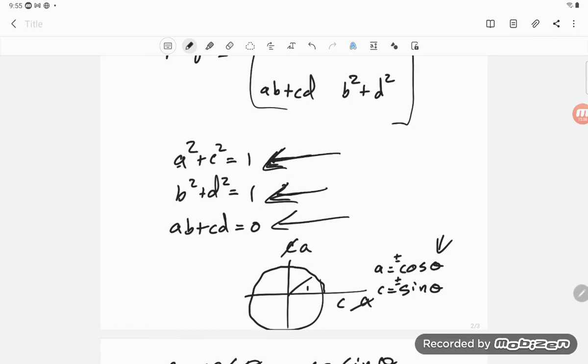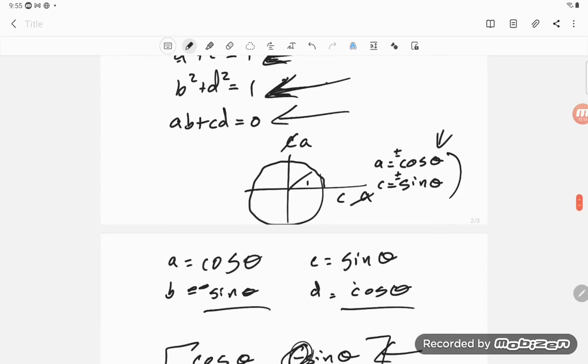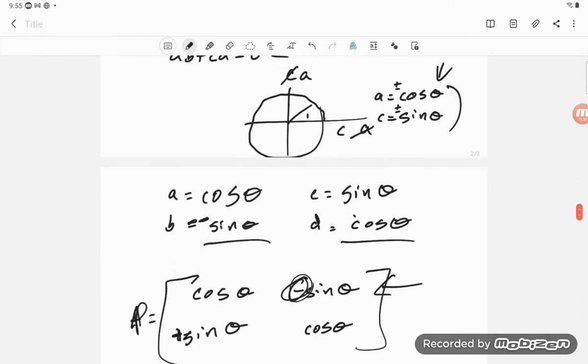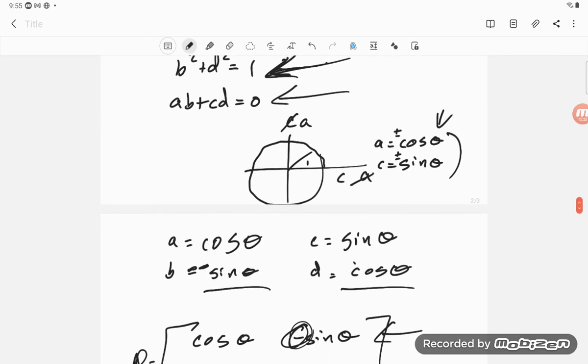So I have those requirements plus that the determinant is 1. With these requirements, that's where I get this parameterization of cosine and sine. And so that's why I know that if I'm going to do this, it has to be that.